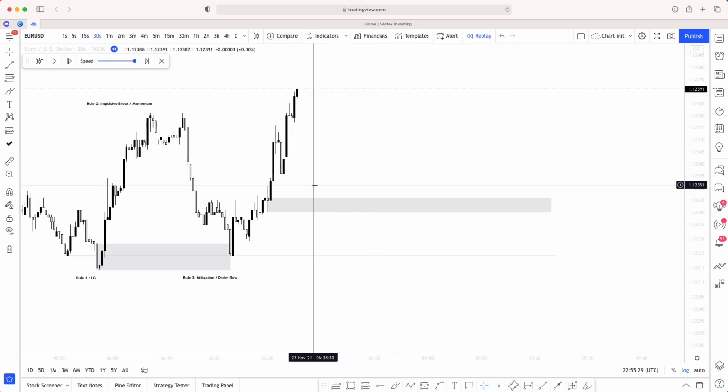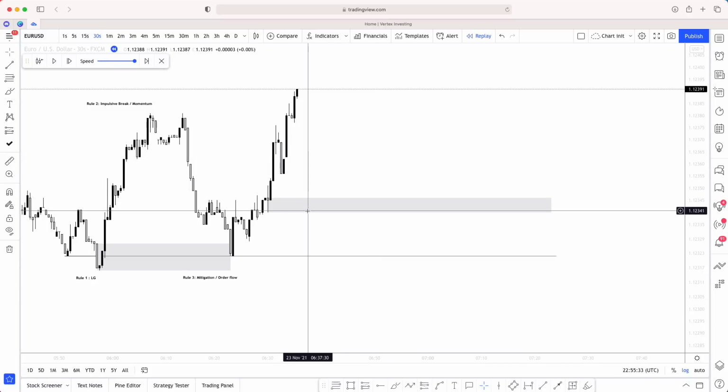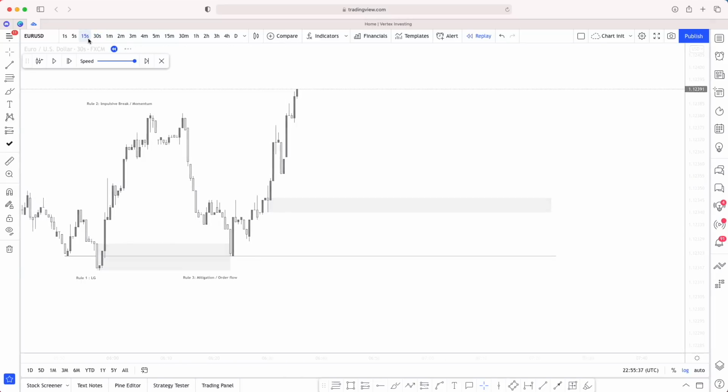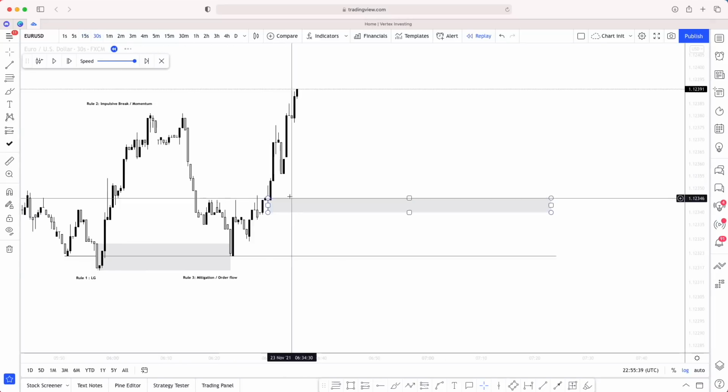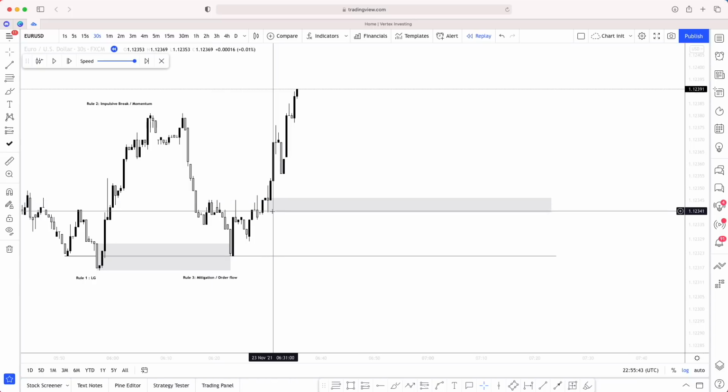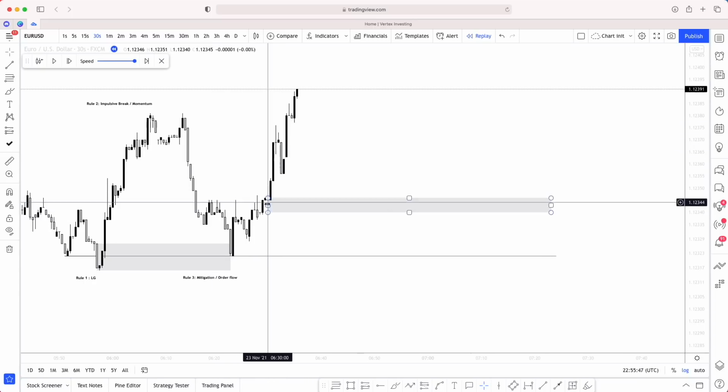I think probably this candle. Let's go 15. Actually, let's look at the structure on this 30 second structure, break from here, mitigation. Okay, so this is quite interesting.